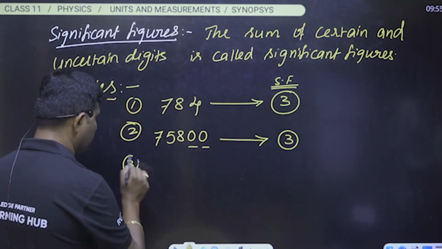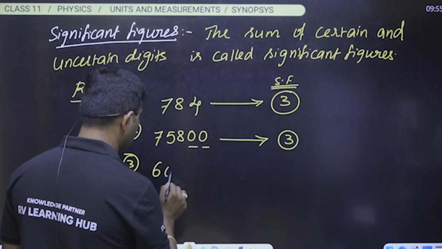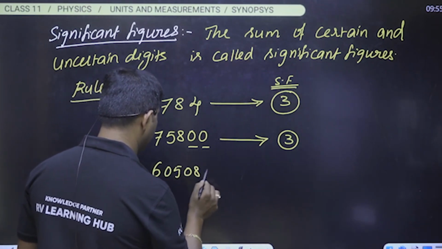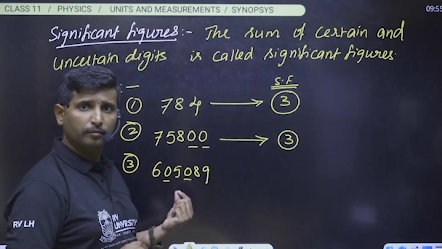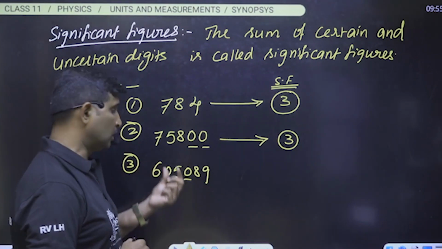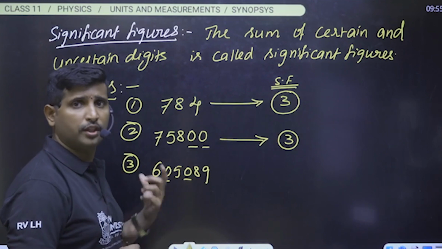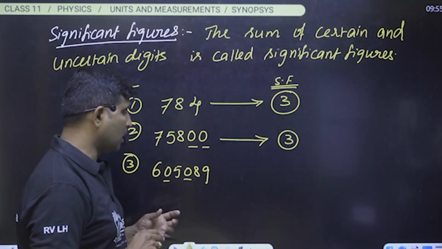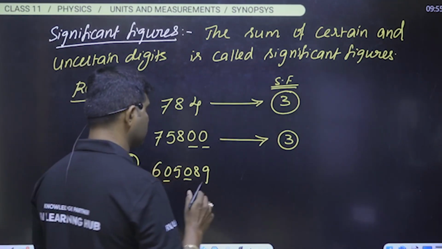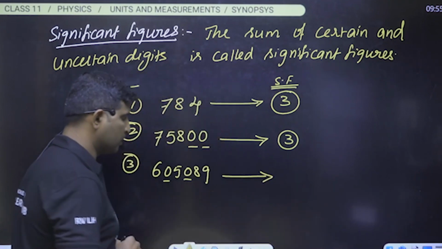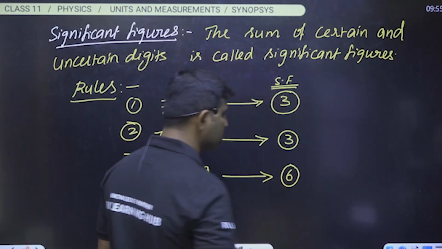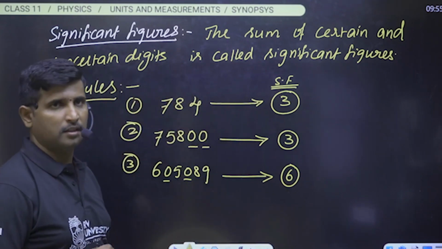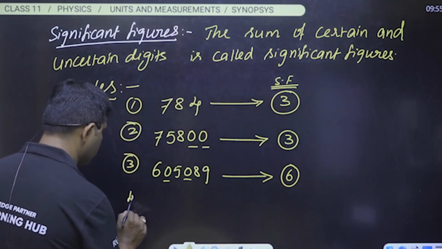And third one, if I take 605089, the zeros between the two non-zero digits are significant. Therefore, how many significant figures are there in this number? If we calculate, we'll get six significant figures.